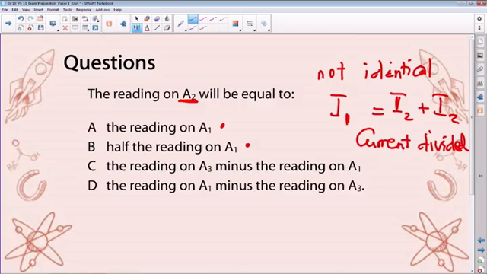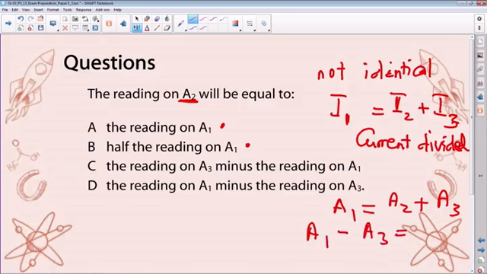So the reading on A1 is equal to the reading on A2 plus the reading on A3, because this is the total current. If we want A2, it's a simple linear equation. We make A2 the subject. It means A1 minus A3 must give us A2, to show that the total current is split, or divided, there.